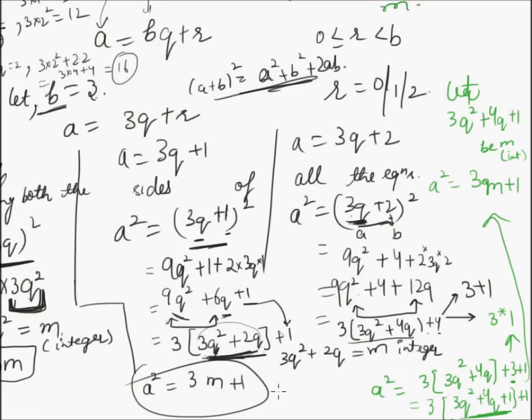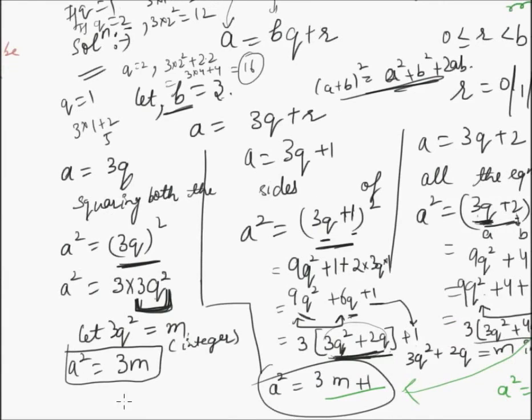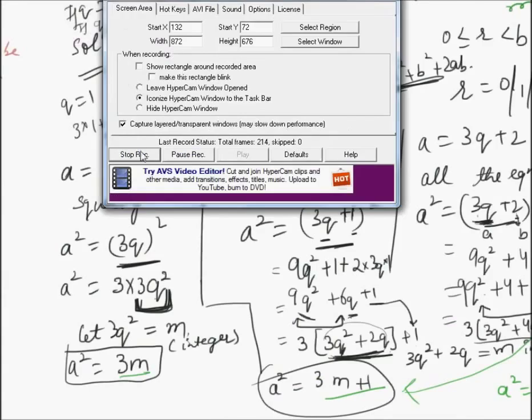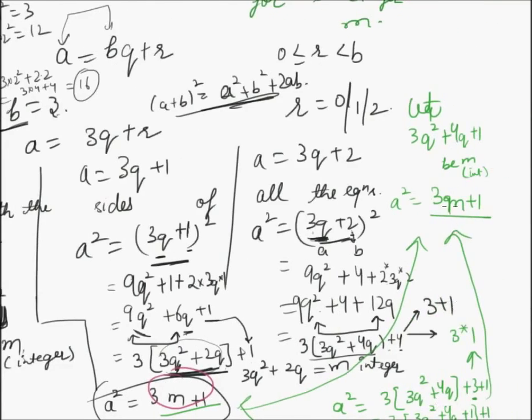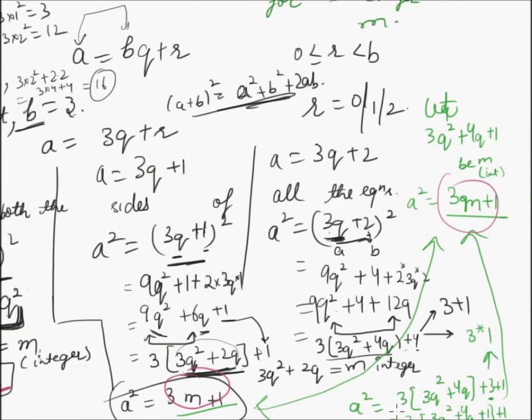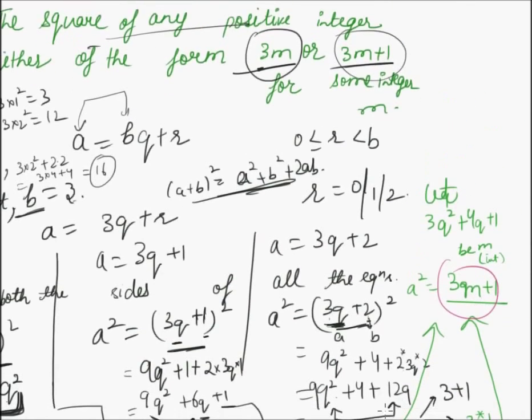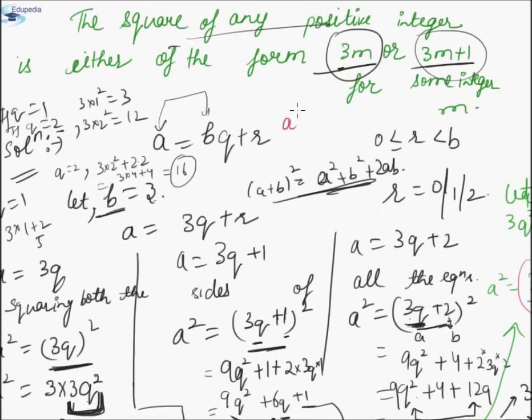So in the last two cases we are getting the square of the number in the form 3m plus 1, whereas in the first case the square can be represented in the form 3m. Thus, we can say that the square of a number is either of the form 3m or of the form 3m plus 1. So, a square is either 3m or 3m plus 1.